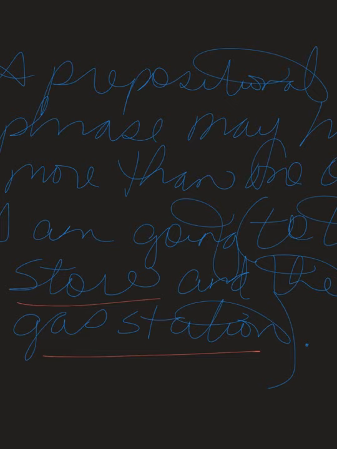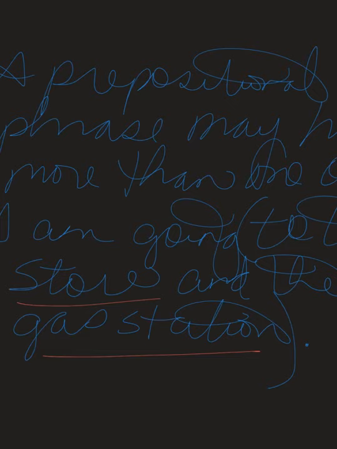A prepositional phrase may have more than one object. I am going to the store and the gas station. To the store and the gas station is your prepositional phrase. Store is the object of to, but gas station, and yes, I would use both words here, is also the object of to.